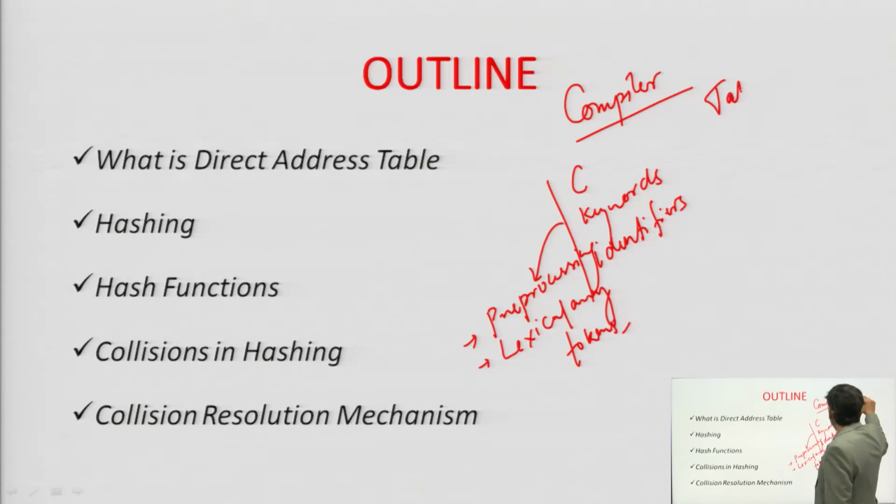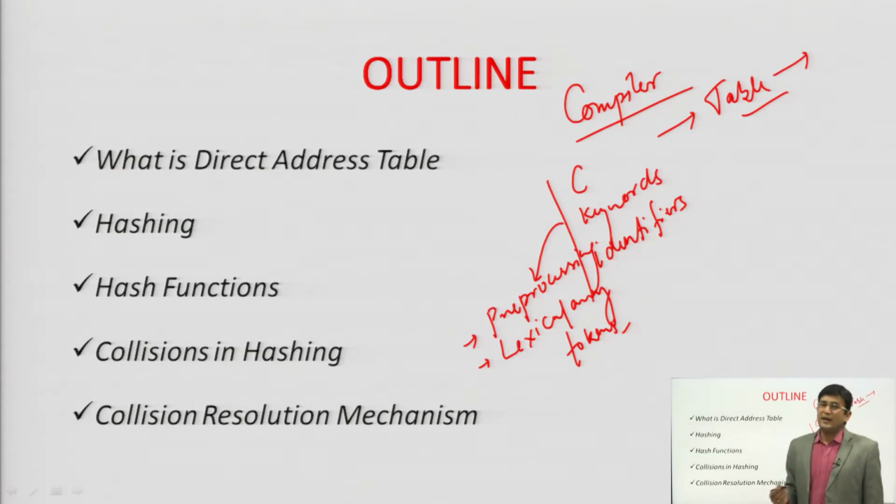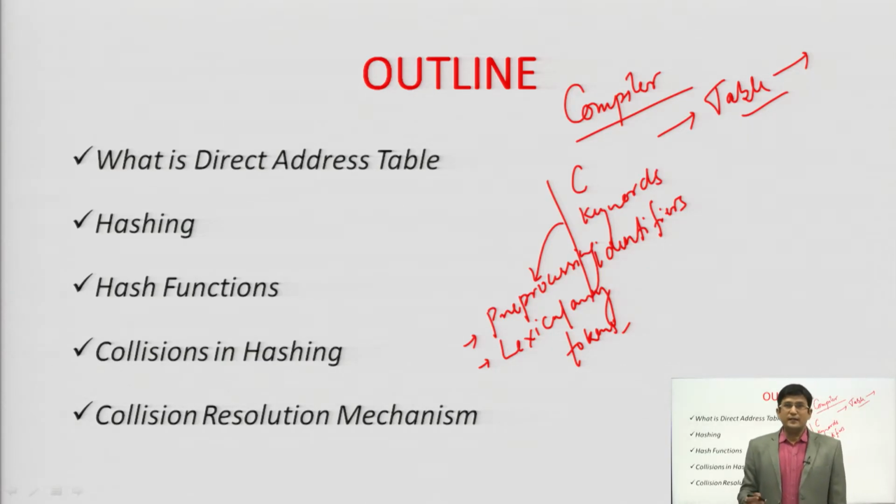There will be a table that will be storing all these things, and then in the future means when the program is getting executed, all these identifiers will be required. So we need to know what is the type of the identifier at the time when the program is getting executed. So वहाँ हमें बहुत quick reference चाहिए होगा इन identifiers का, इन keywords का, उन constant values का जिनका आपने यहाँ पे use किया है.